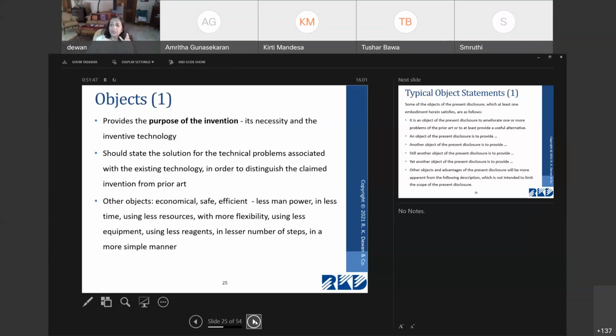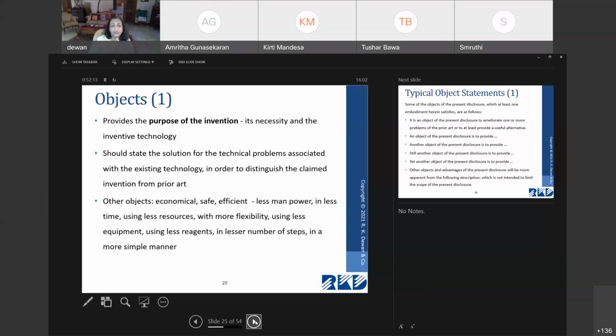Then convert each advantage into one object statement, and you're sorted. This is the easiest way of writing good object statements: think of all the advantages of your invention and convert each of them into an object statement.